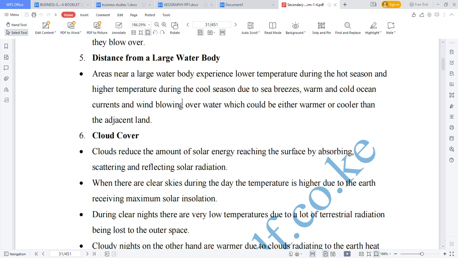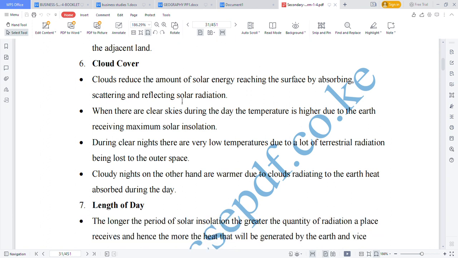Areas near a large water body experience lower temperature during the hot seasons and high temperature during the cool seasons due to sea breeze, warm breeze, and cold ocean currents and wind blowing over water, which could be either warmer or cooler than the adjacent land. So that is distance from a large water body.